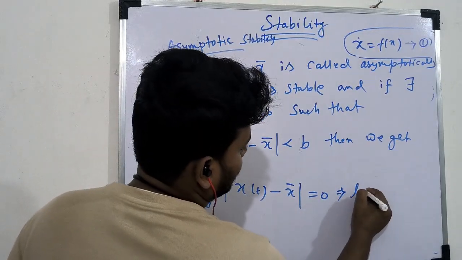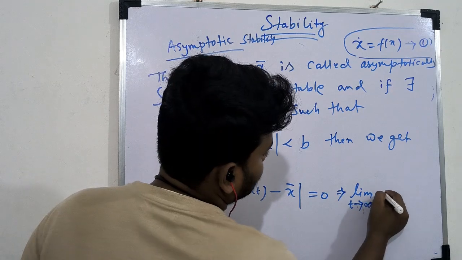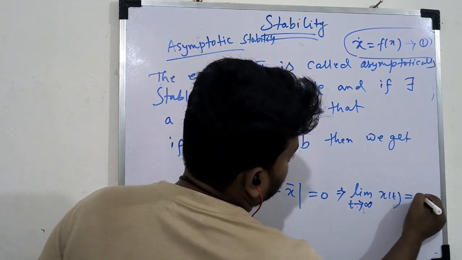This is limit t tends to infinity x(t) equal to x bar.